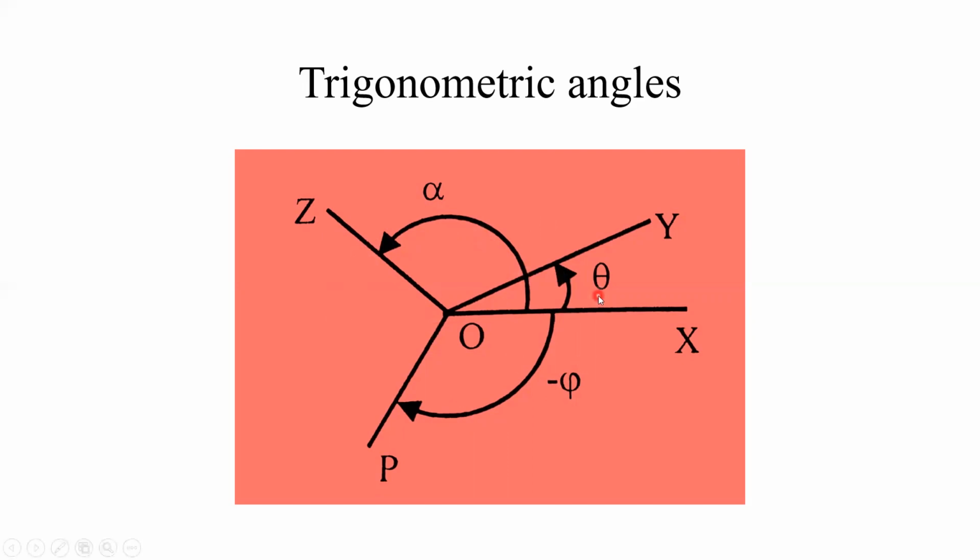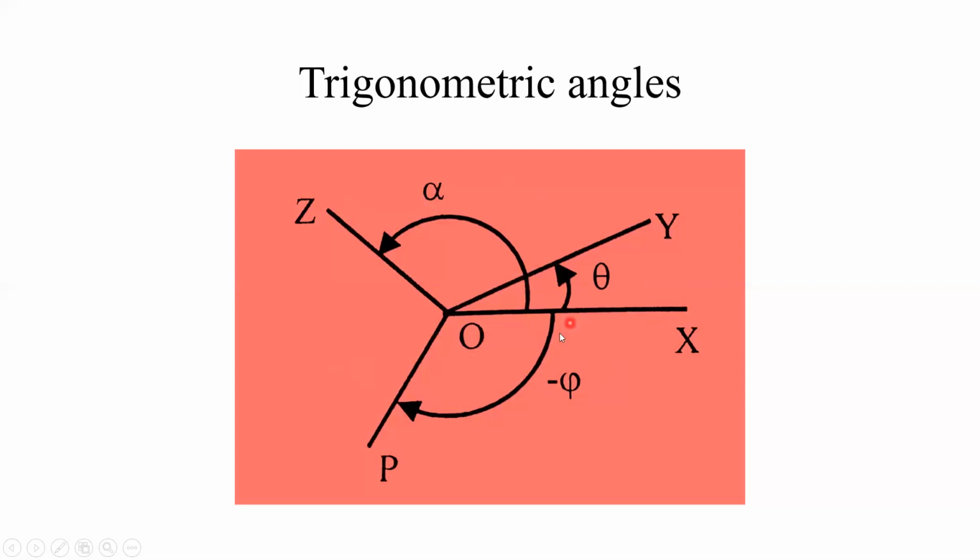In this figure, angle XOY equal to theta and angle XOZ equal to alpha are formed by anticlockwise rotation, and the angle XOP equal to minus phi is formed by clockwise rotation.